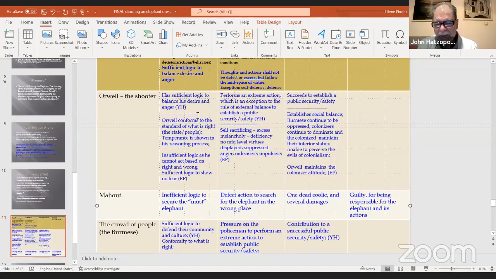Right. He conforms to the standard of what is right, the state, the people. Temperance is shown in his reasoning process. This is what I have put in. He shows insufficient logic as he cannot act based on right and wrong. He shows sufficient logic to show no fear.